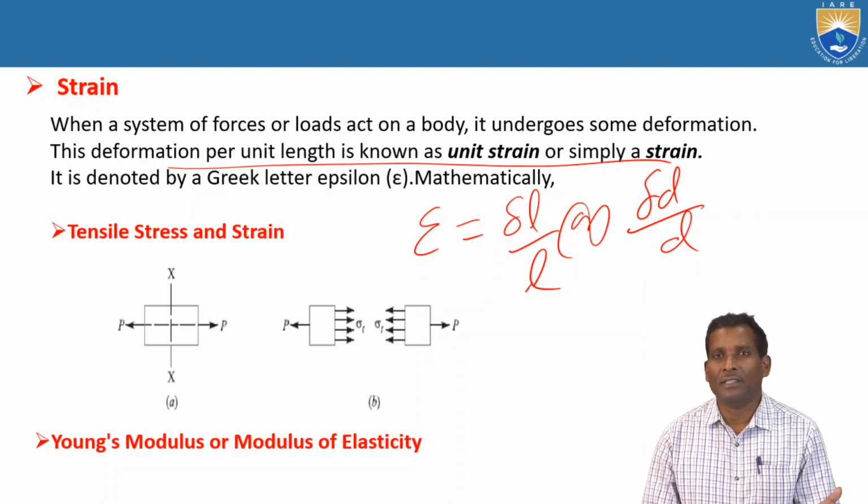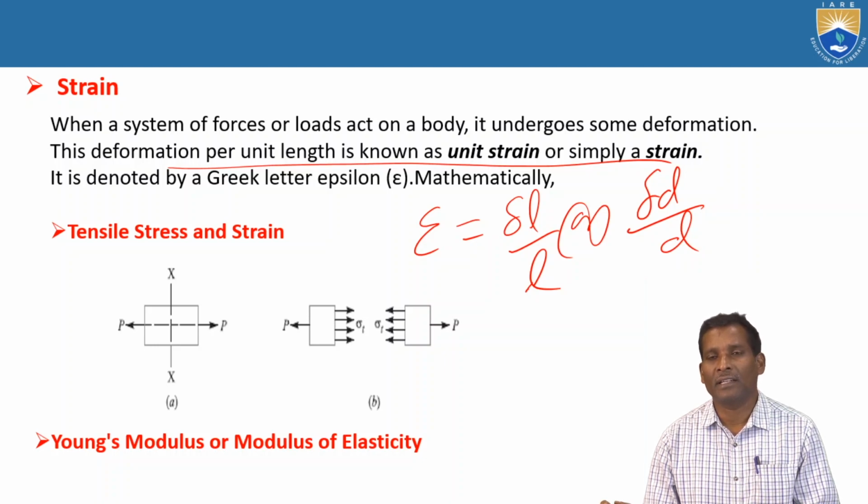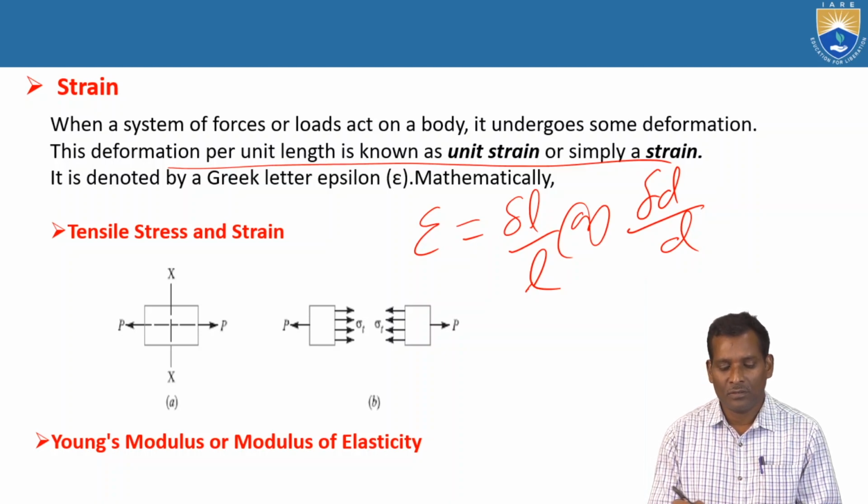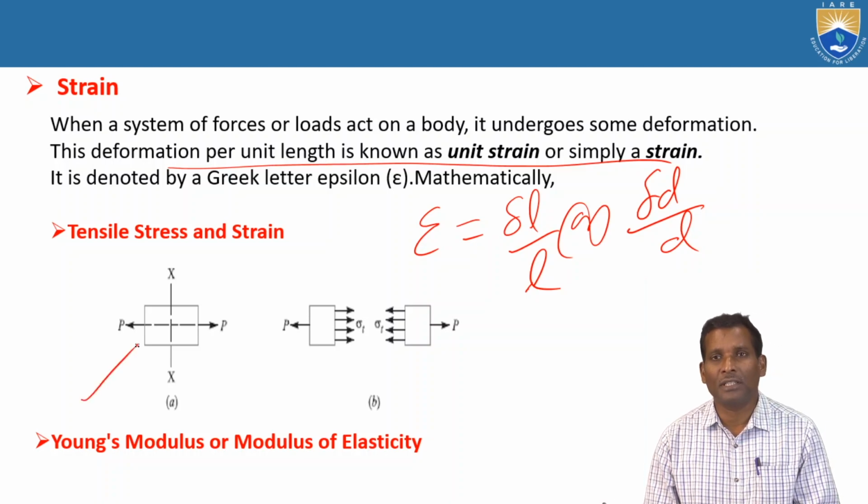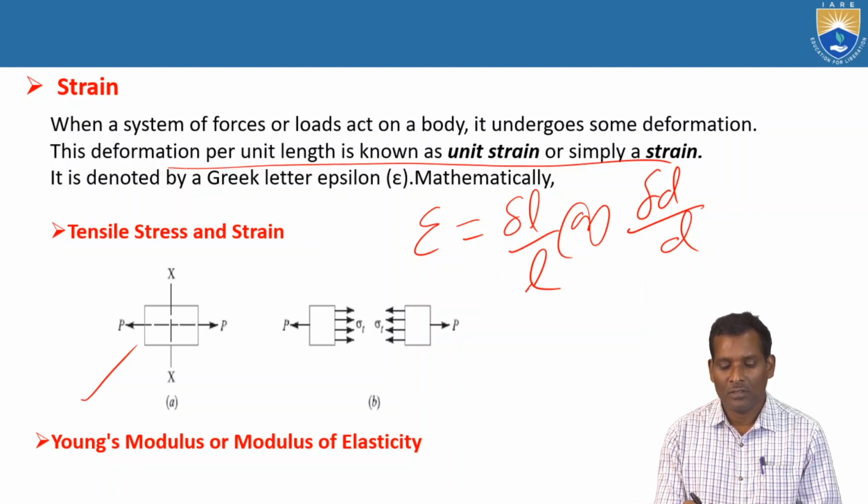Again, these stresses and strains are classified into different types depending upon the type of load and the type of deformation. Suppose, as shown in this diagram, this object is subjected to tensile load, equal and opposite forces acting.